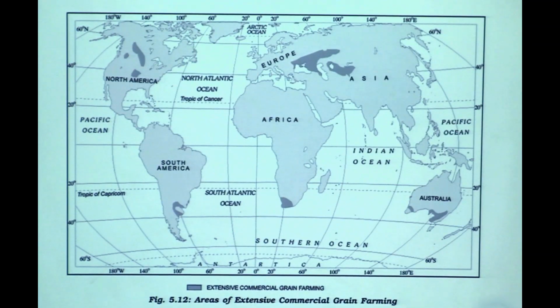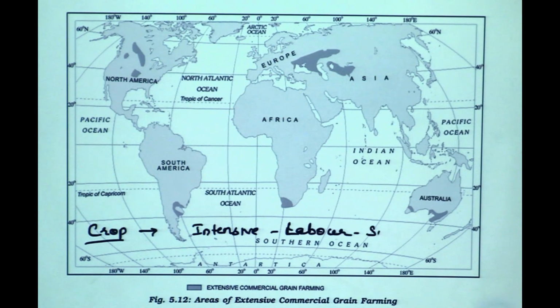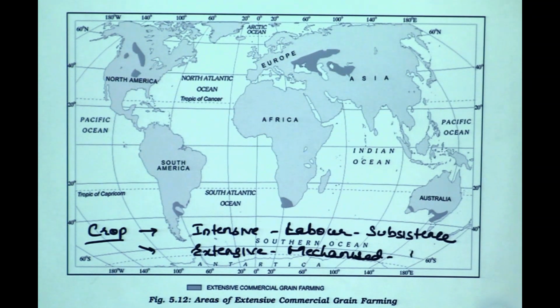See ma'am, how we started with our study of agriculture, that if agriculture is crop culture, I can divide it into 6 set of terms. If it is intensive, it will be manual labor, I am writing labor, and it will be subsistence. If it is extensive, then it will be mechanized and will be commercial.